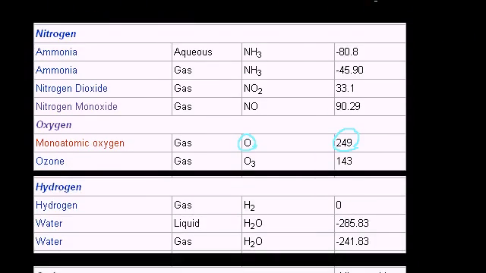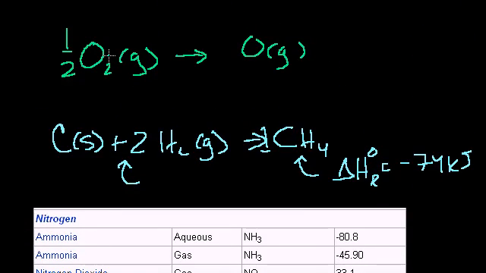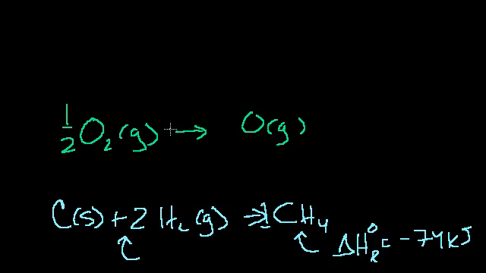This tells us that this state has more potential than this state. And in order for this reaction to occur, you have to add energy to it. You have to put the energy on the other side. So you would put a plus. So right here, you would have to say plus 249 kilojoules.